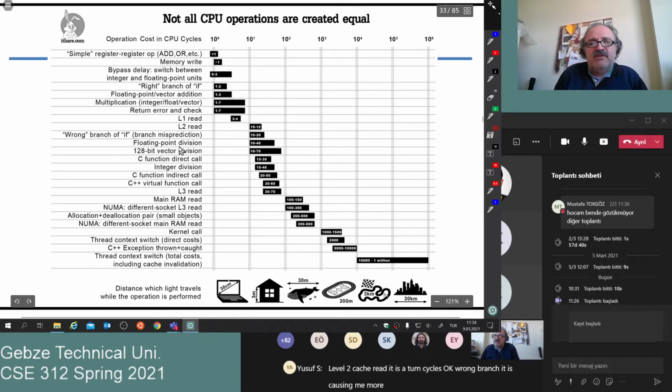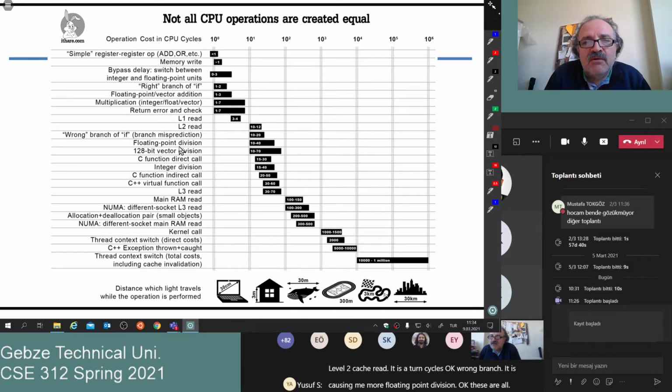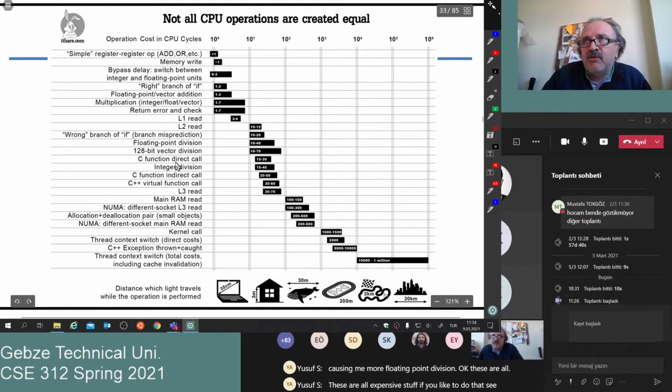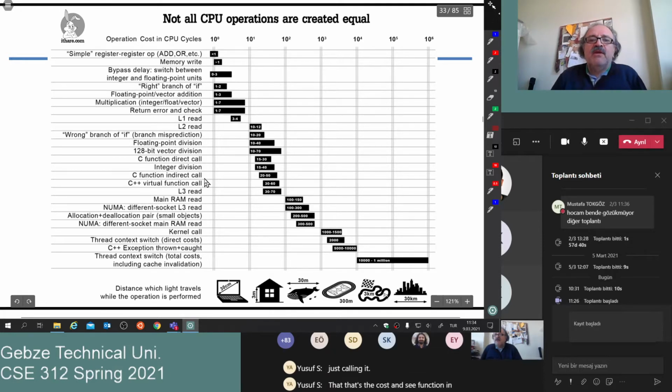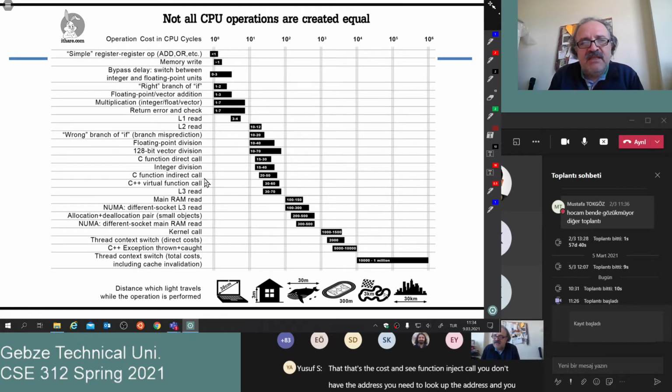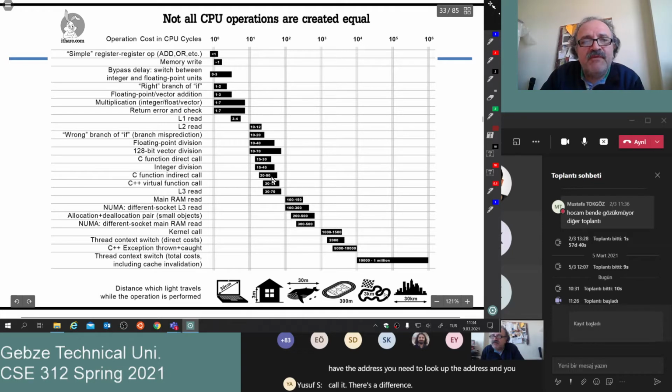Floating point division, these are all expensive stuff. A C function direct call, where you have the address and you are just calling it, has that cost. And a C function indirect call, where you don't have the address, you need to look up the address and then call it. That's the difference. It is up to 50 cycles.